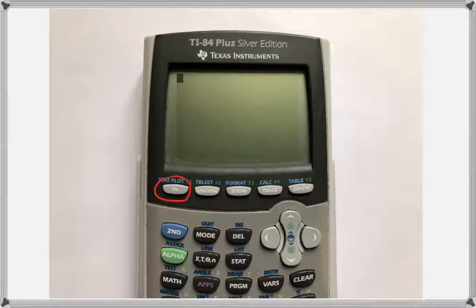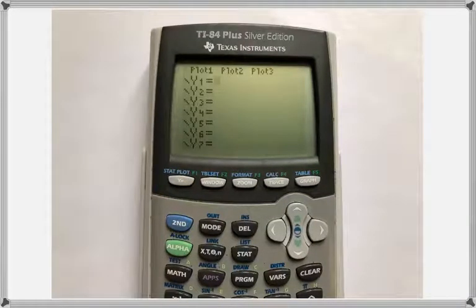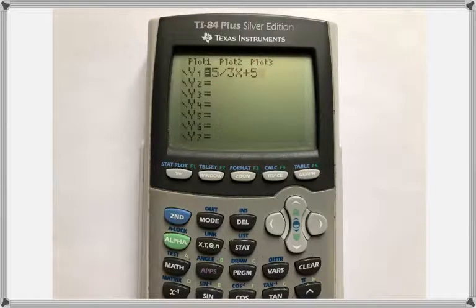So press y equals, and then you'll have all these different y's where you can enter in a lot of different graphs. So we're just going to enter it in y1. So 5/3 x plus 5. To get the x, it's the xt, theta, and n key, or as I like to call it, the variable key.